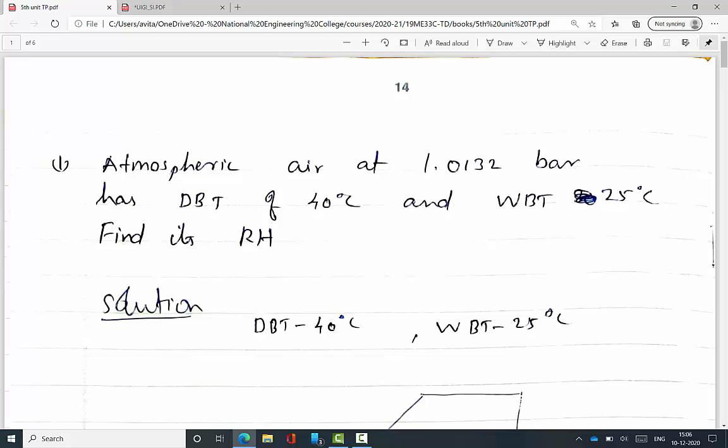First, we locate the values in the psychrometric chart. To locate any point in a graph, we need two values, x and y, or any two parameters. This is mandatory, otherwise we cannot locate the point. But in some cases, we need one value or zero values.